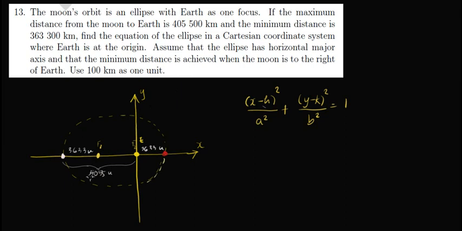So, basically, we're going to subtract. That's 4,055 minus 3,633. I'm using my calculator. The answer is 422 units. And when we divide this by 2, we'll have 211.